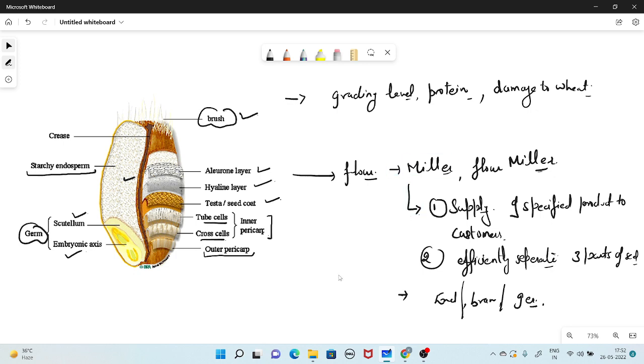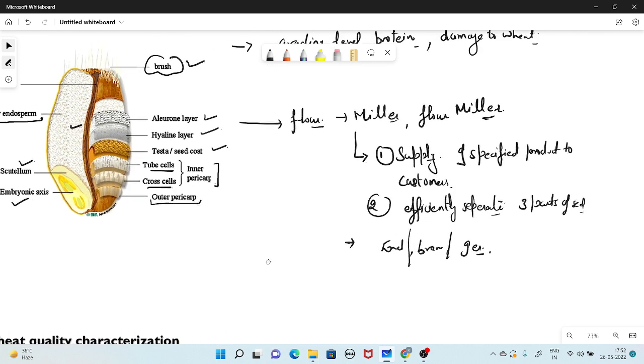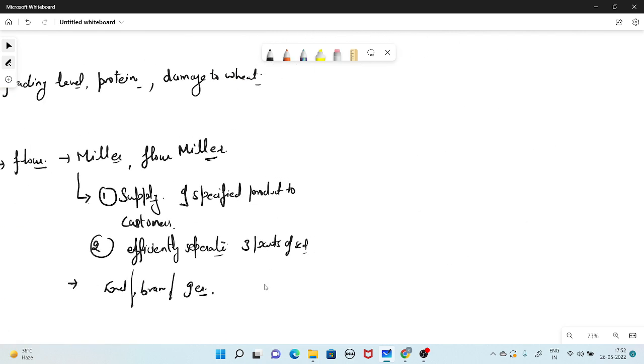Right? And wheat is classified into two types according to the pigments in the seed. Number one is called red wheat and the second one is called white wheat, right?